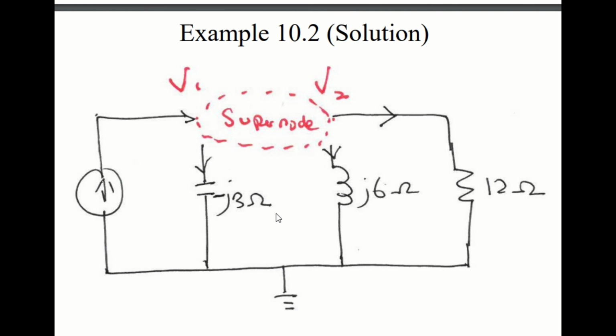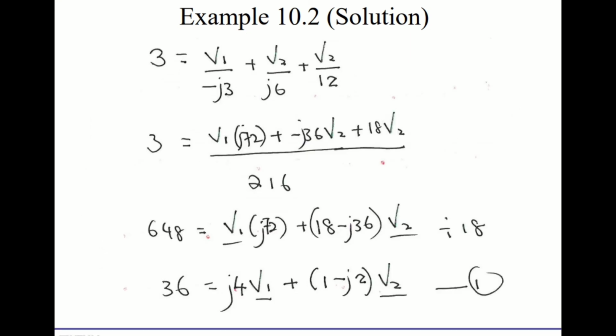But for this question it's already converted, because they already gave minus j3, j6, and 12 ohm. So from the KCL equation, you change I to V1 over minus j3 plus V2 over j6 plus V2 over 12.